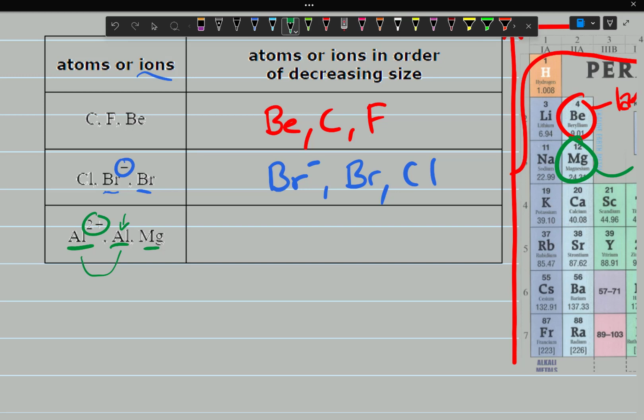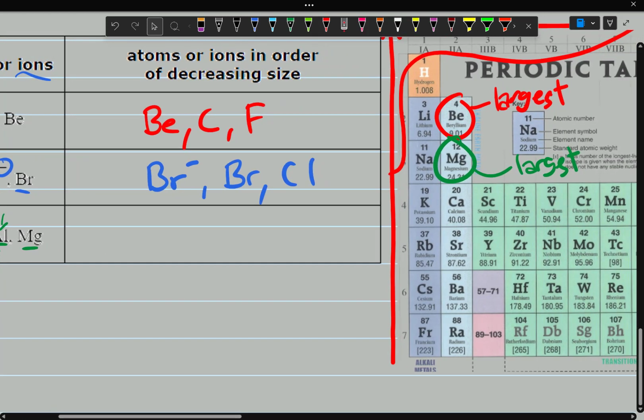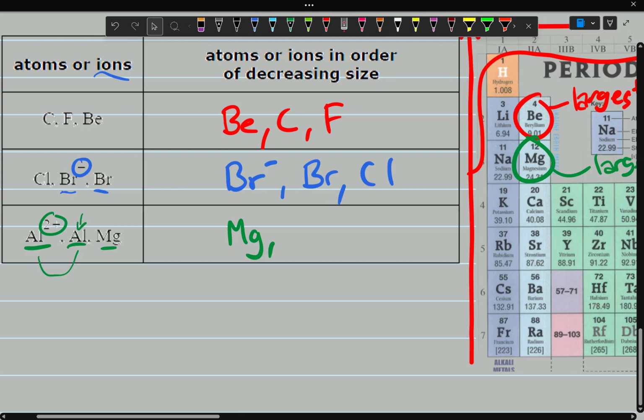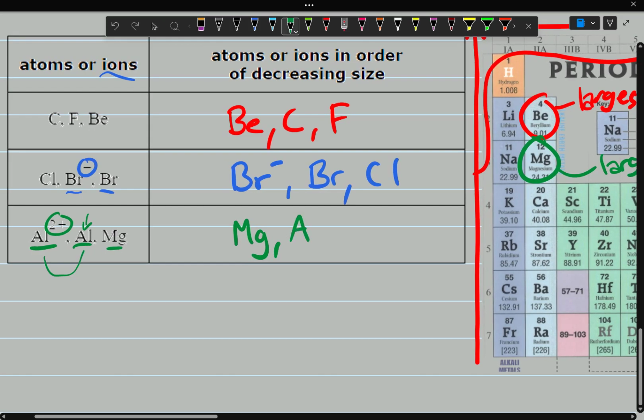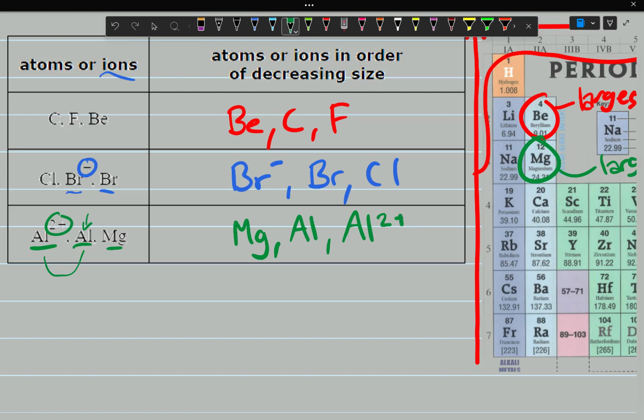And so aluminum neutral is going to be larger than aluminum 2+. And so if we're ordering in decreasing size, we have our largest, which is magnesium, followed by aluminum and aluminum 2+.